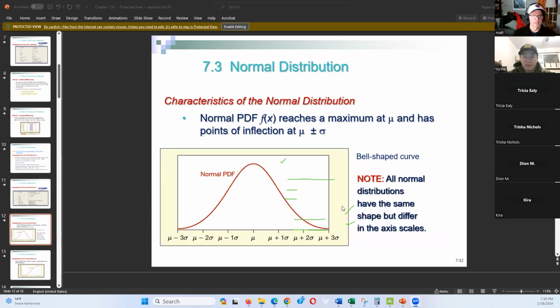So if you understand this, mu plus minus: this is mean, mean plus 1 sigma, mean plus 2 sigma, mean plus 3 sigma, and similarly mean minus 1 sigma, mean minus 2 sigma, mean minus 3 sigma. Within this, 99.73, which is almost 100% of data, you can find within this range. So this is the bell-shaped curve.